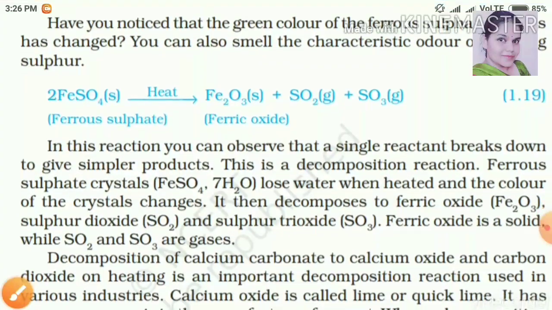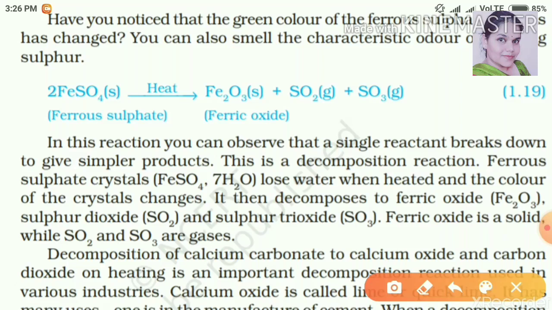In this reaction, you can observe that a single reactant breaks down, means decomposes, to give simpler products. This is a decomposition reaction. Ferrous sulfate crystals, that is FeSO4.7H2O, lose water when heated and the color of the crystal changes to white.